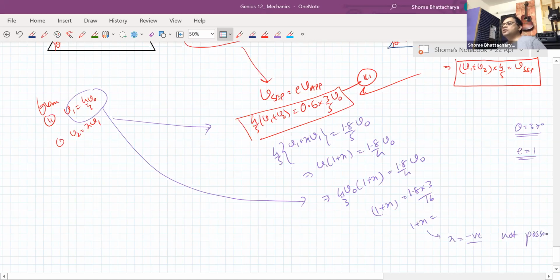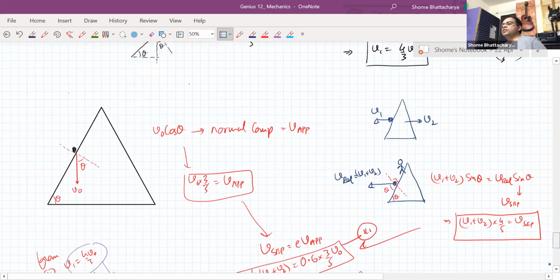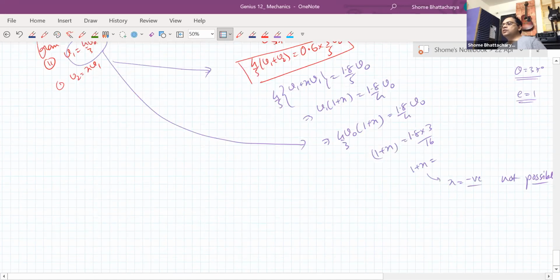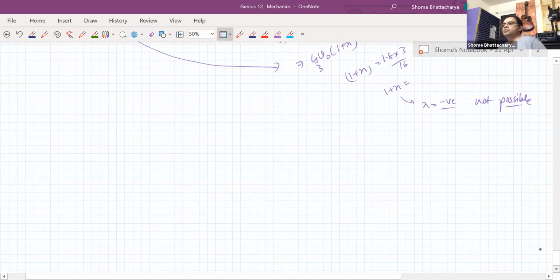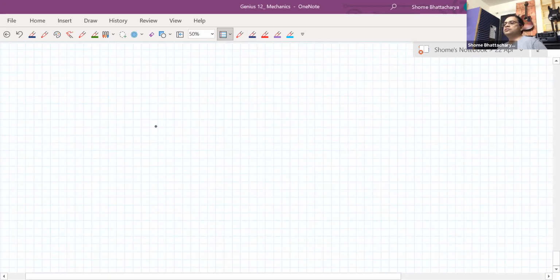What it is showing me is that a coefficient of restitution 0.6 collision cannot result in a horizontal velocity after impact for this one. But suppose this triangular wedge had a different angle, like 37 degrees, and the particle after the impact went horizontally, but the coefficient of restitution was 1. Then our equation 1 would have been the same, that mV1 is equal to capital M V2.